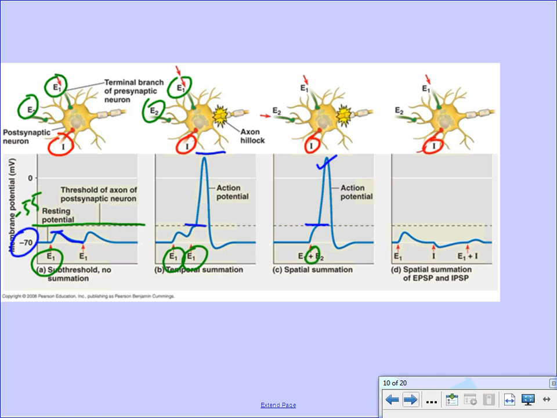So we can see if it is inhibitory, yes, we do in fact get the opposite of depolarization, we do get hyperpolarization. And finally, this one right here, what happens if we get an approximately equal number of excitatory and inhibitory messages? Well, it doesn't really change, and it stays right around the original resting membrane potential, which again, for most neurons, is typically around minus 70 millivolts.